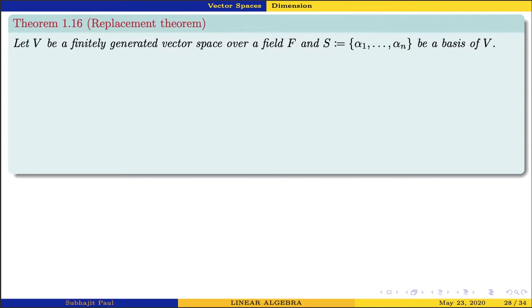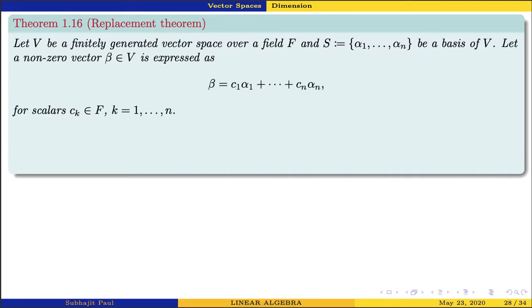If V is a finitely generated vector space over a field F and S, alpha 1 to alpha n, is a basis of V, then let a non-zero vector beta be expressed as beta equals C1 alpha 1 plus C2 alpha 2 up to Cn alpha n for scalars C1 up to Cn.